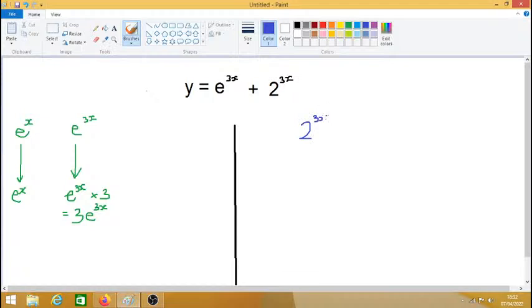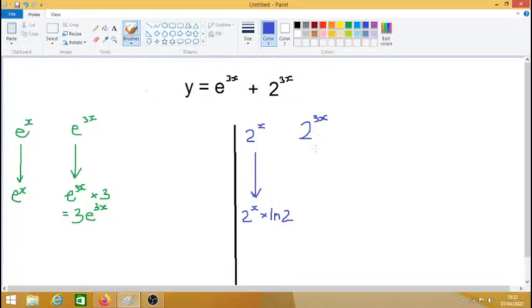The basic rule is that if you're differentiating 2 to the power of x, then that will differentiate to 2 to the power of x multiplied by the natural log of 2. So whatever the base number is, that's what the natural log will be followed by. Here the base number was 2, so I times it by natural log of 2.